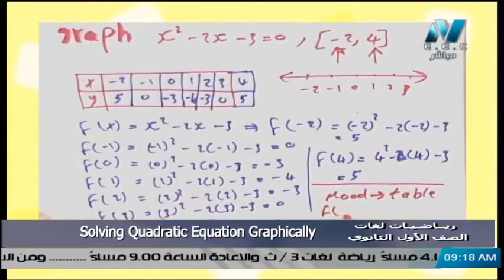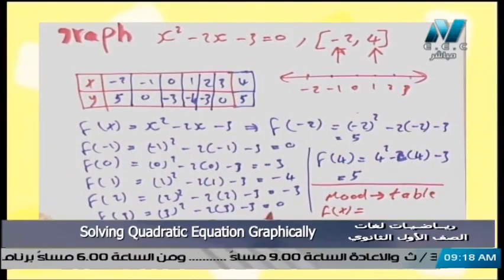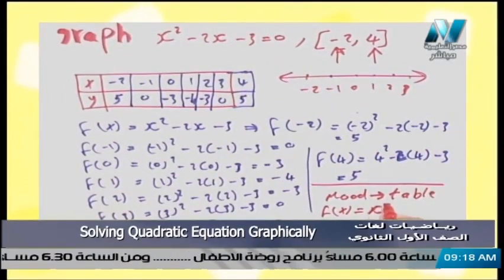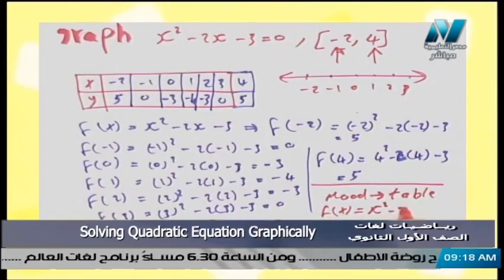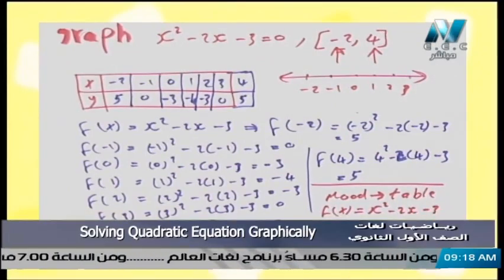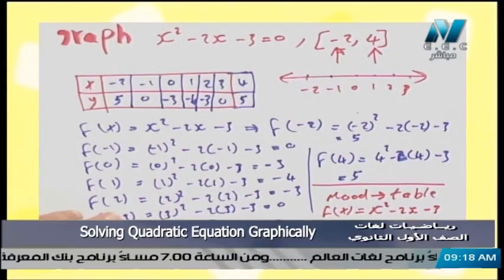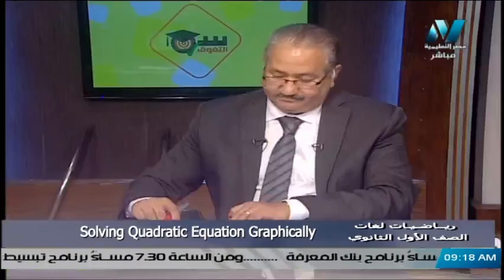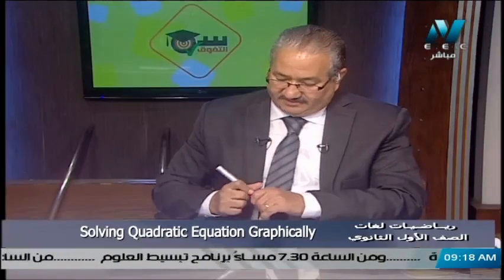You will find f(x) equals. We write the function x power 2 minus 2x minus 3 in the table and press equal.